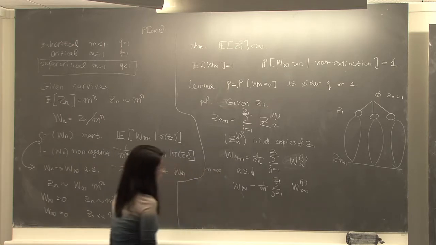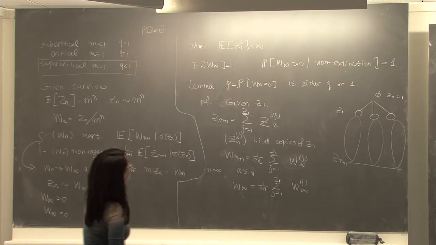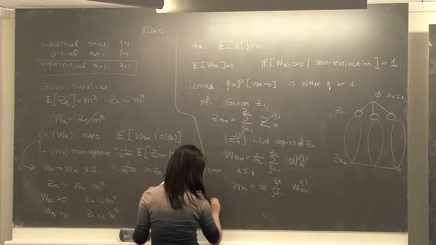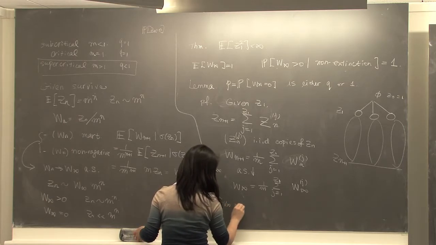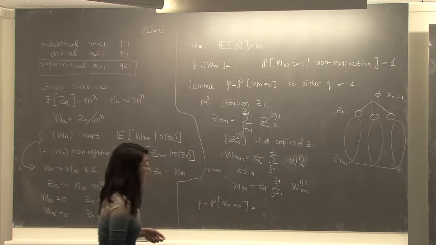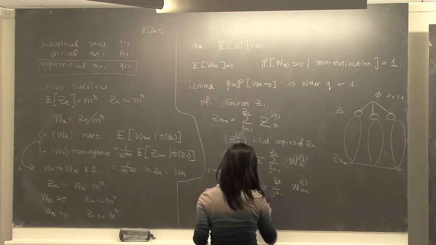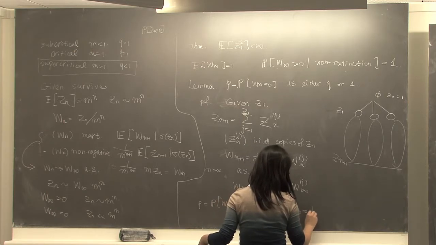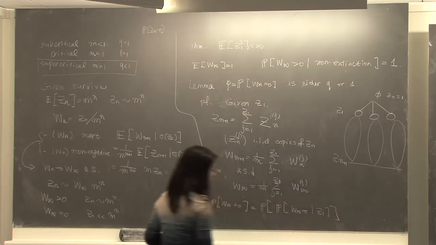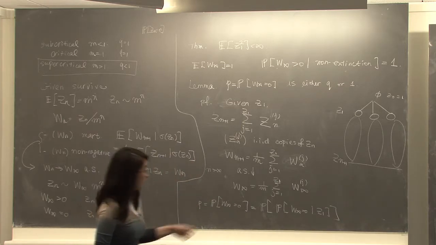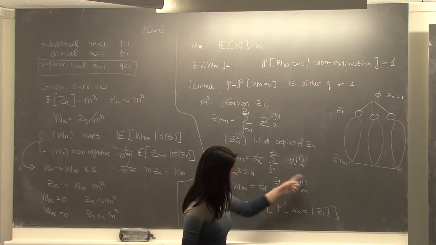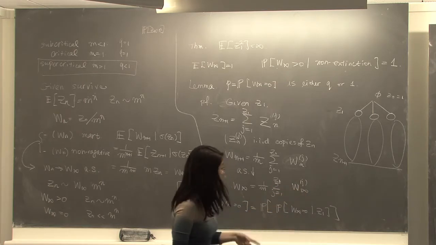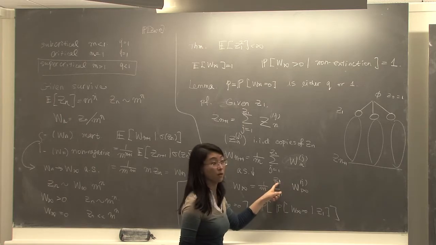Okay. So now let us look at the probability that W infinity equals 0. Let P be the probability that W infinity equals 0. Now we condition on what happens to Z1. Given Z1, we know that W infinity is the summation of Z1 copies of itself, and all of them are independent of Z1.